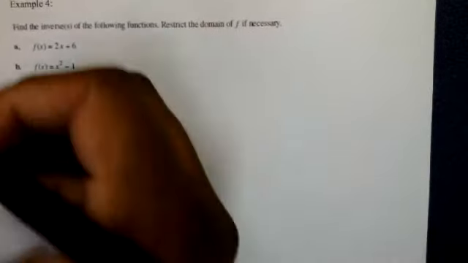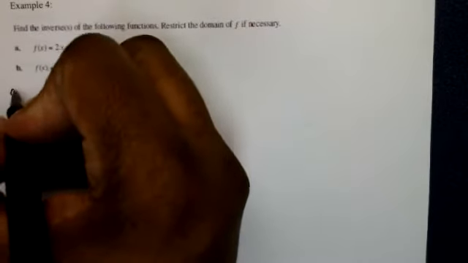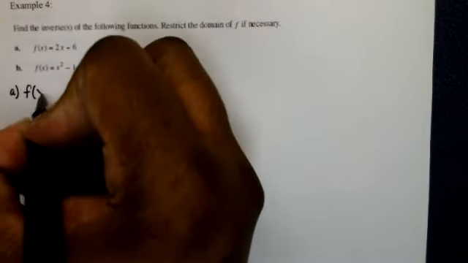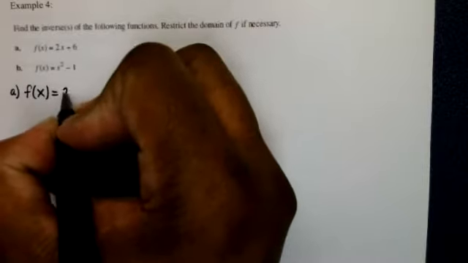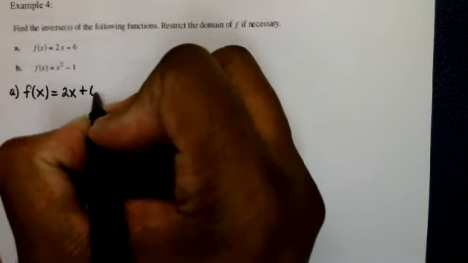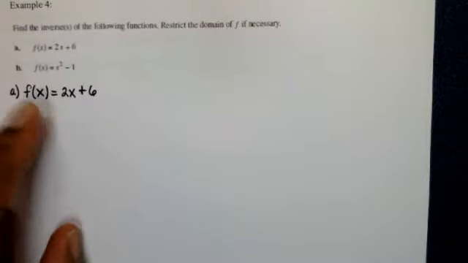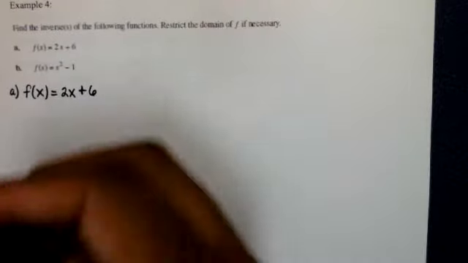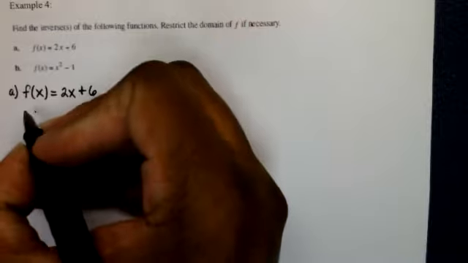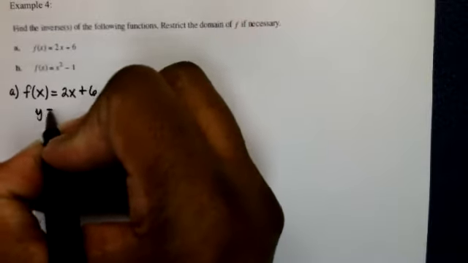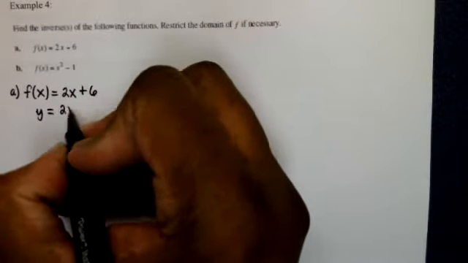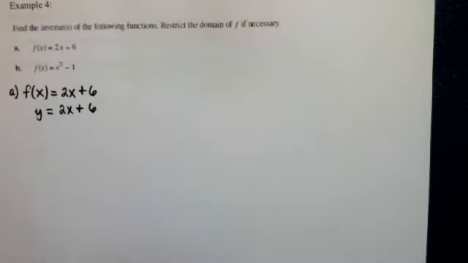of f if necessary. So here in part A, I get f of x is equal to 2x plus 6. So following that 4-step procedure, I'm going to first replace the f of x notation with y. So y is equal to 2x plus 6.